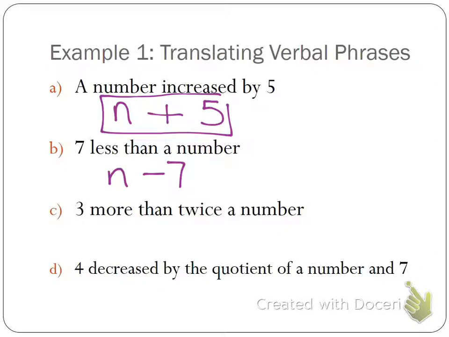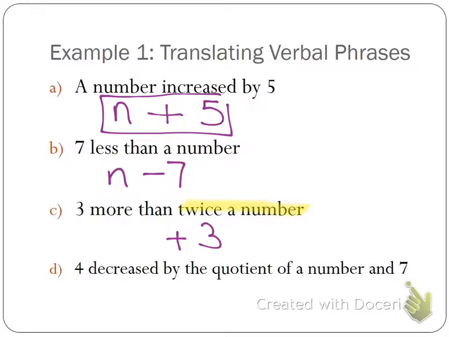So look at C. 3 more than twice a number. Well, there's a couple different things going on here. You see the words more than, so is 3 going to come first or second? Second. I've got to reverse it. All right? So 3 more than, and then how would I write twice a number?